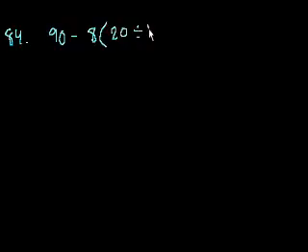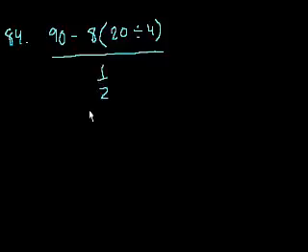Next question, 84. 90 minus 8 times 20, I'll write it the way they did, 20 divided by 4, all of that over 1/2. This is just a fast simplification problem. That becomes 90 minus, what's 20 divided by 4? 20 divided by 4 is 5. 5 times 8 is 40.